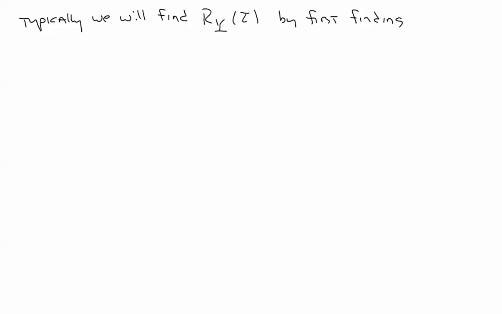Typically, we'll find the autocorrelation of my output by first finding the power spectral density of the output and taking an inverse Fourier transform.